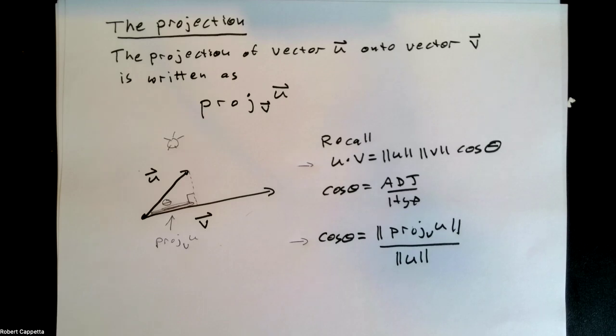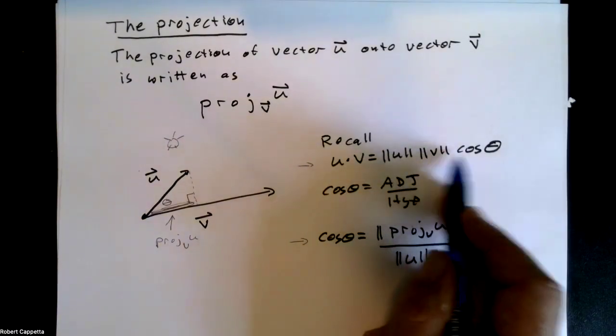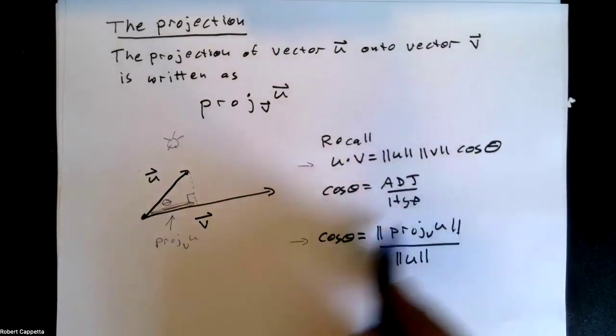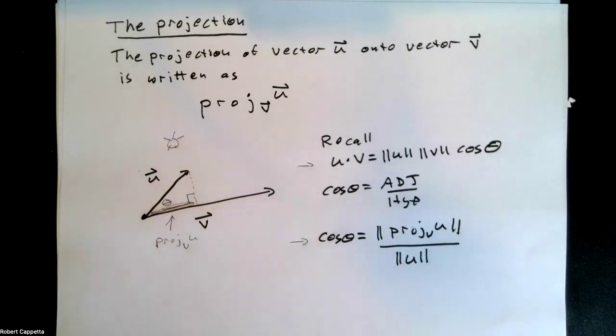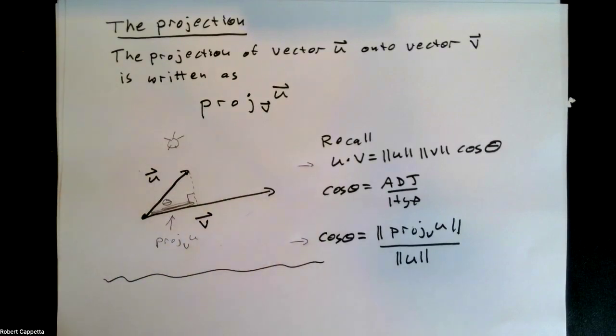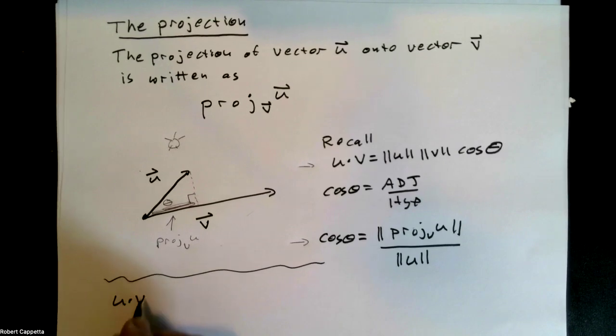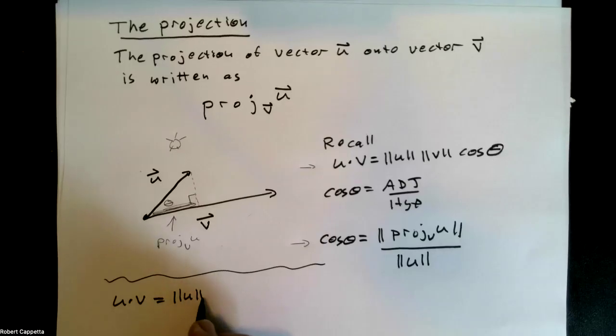So what does that give us? Using this first fact, u dot v is magnitude of u, magnitude of v cos theta, and using the fact that cos theta is the magnitude of the projection of u onto v divided by the magnitude of u, how do we put those together? So u dot v is the magnitude of u, magnitude of v cosine theta, which we get from previous work.